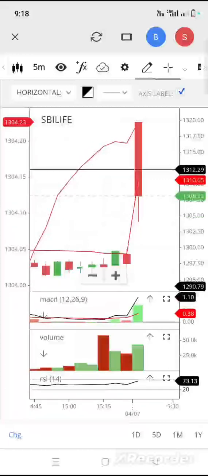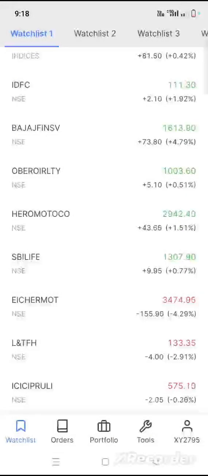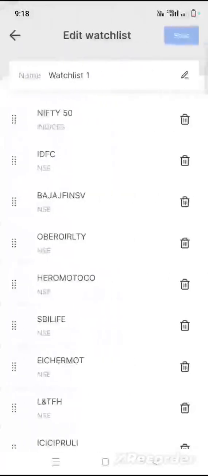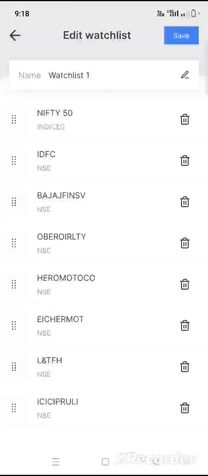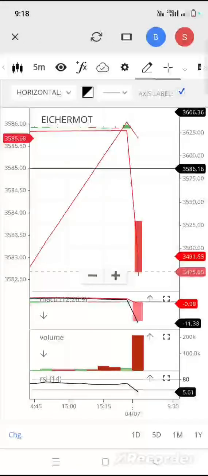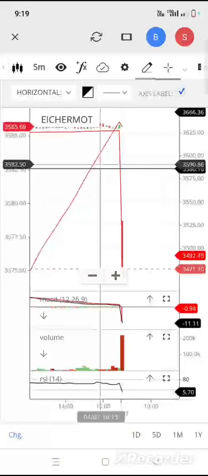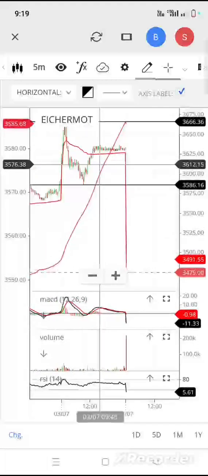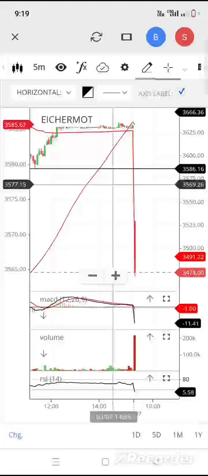If you see this big candle, it is filling previous gap, so we don't trade in already gap filled. So we'll check Eicher Motor, so it is gap down, clear gap down, we'll keep it.